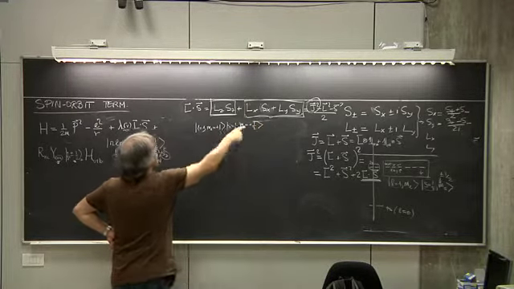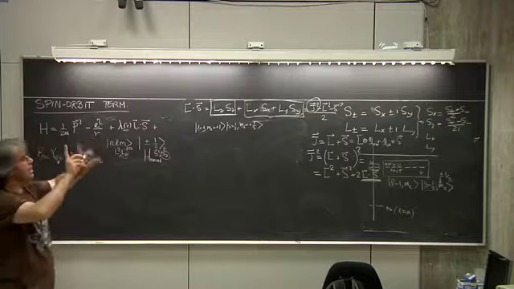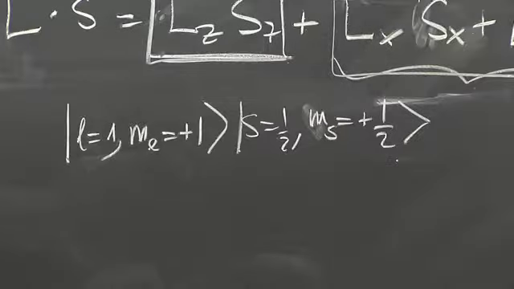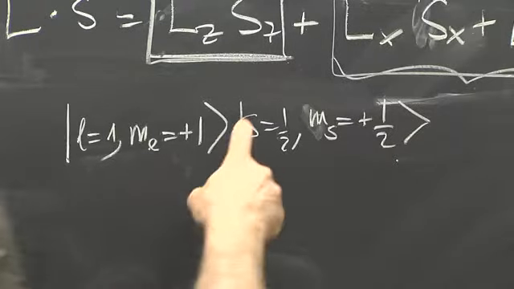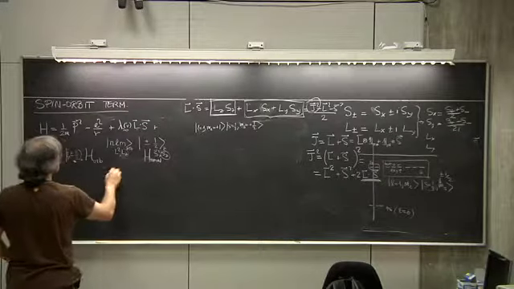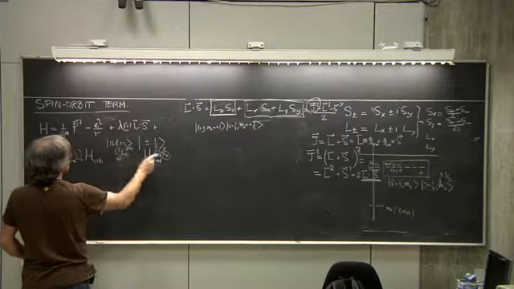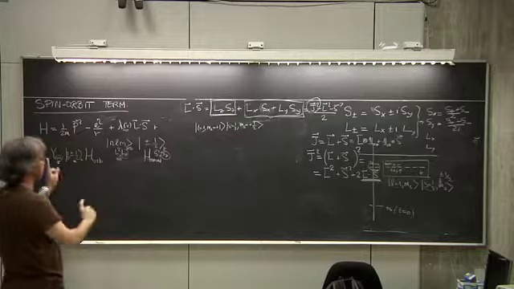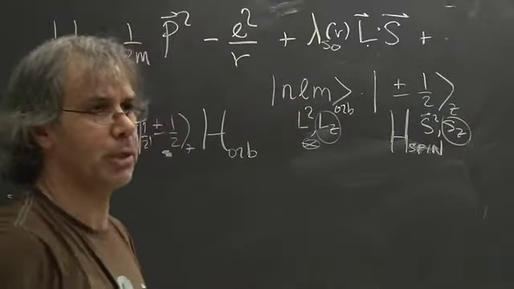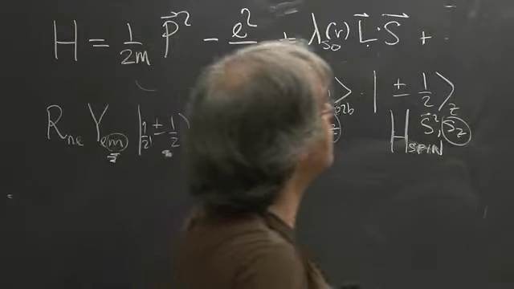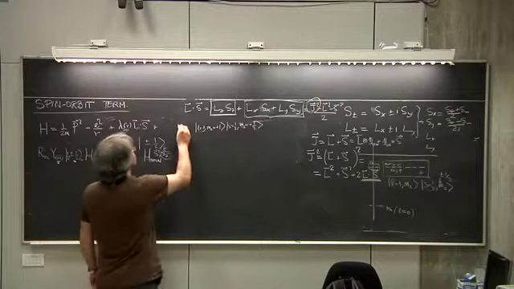Okay? The maximum LZ and the maximum SZ. Okay? Product. Okay? Remember our discussion about the product things. In general, I have sum of products, but let's consider it just a product. First question. Is this an eigenstate, for instance, of JZ?